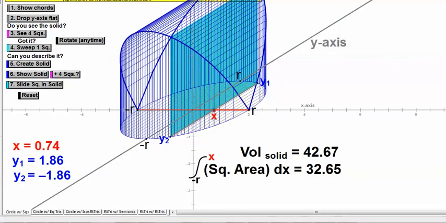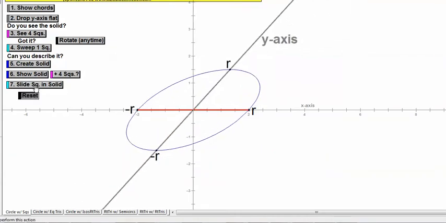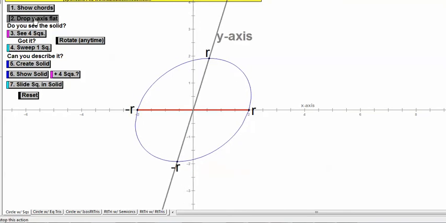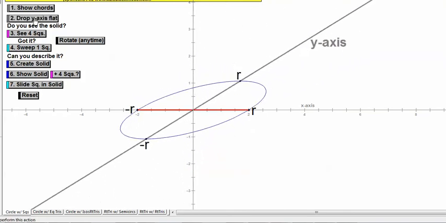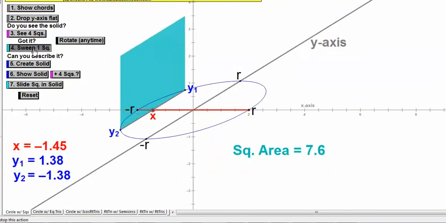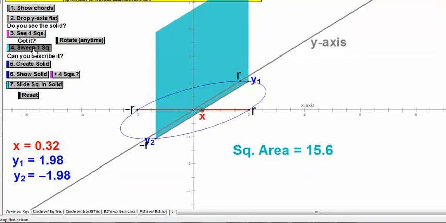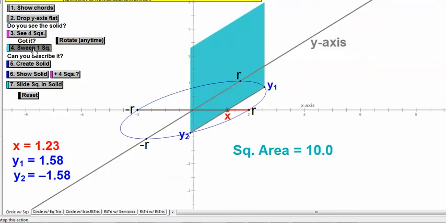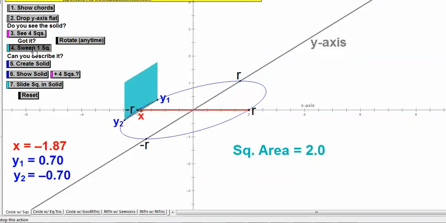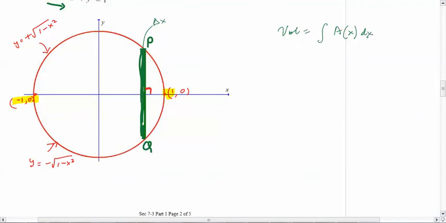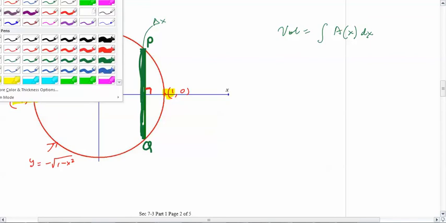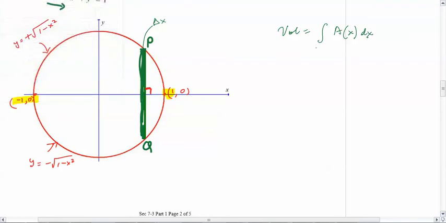If I go back to this one very quickly and sweep one of my squares, you can see it starts on the extreme left and then finishes up on the extreme right. So going back to our notes, the x's start at -1 and they finish at +1. So I'm going to go from -1 to 1.